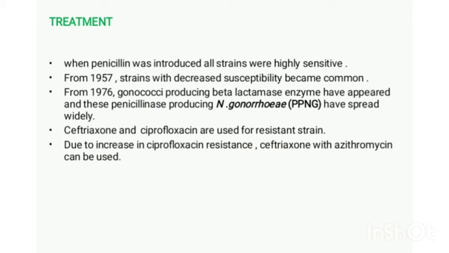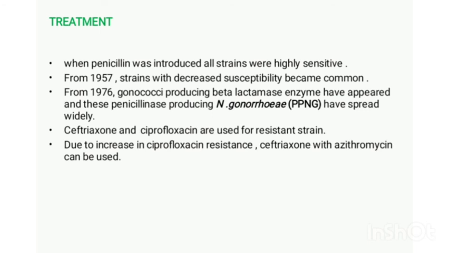Okay, and after that, from 1976, the gonococci produce beta lactamase or penicillinase enzyme and become highly resistant towards penicillin, and these penicillinase producing Neisseria gonorrhoeae have spread widely. At that time, we used ceftriaxone and ciprofloxacin as the drug of choice for the treatment of gonococcal infection.